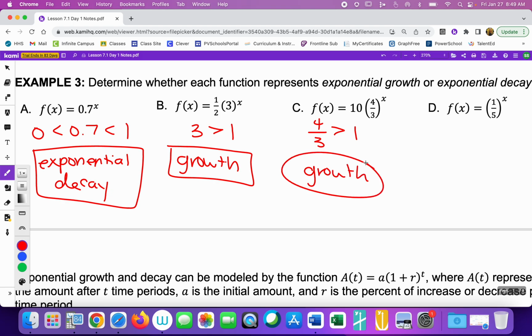And the last one? Decay. That would be decay, so 1/5 is less than 1 but larger than 0. So it's all about the base of where the exponent is. Questions there?